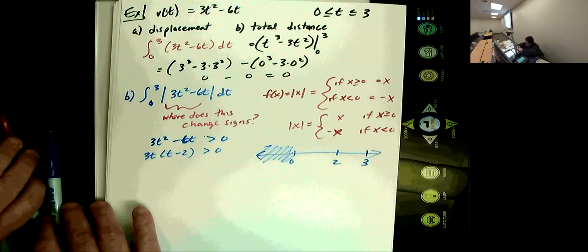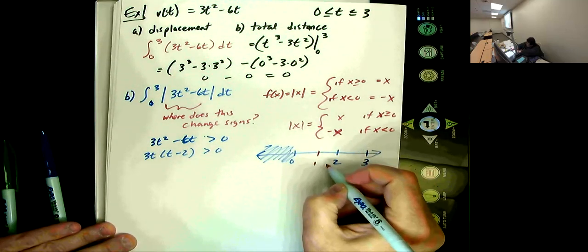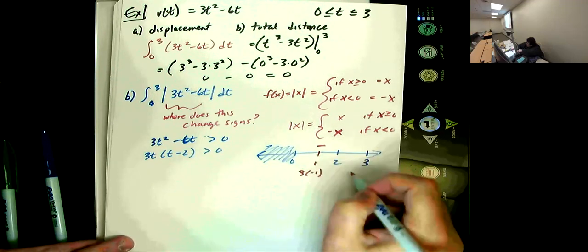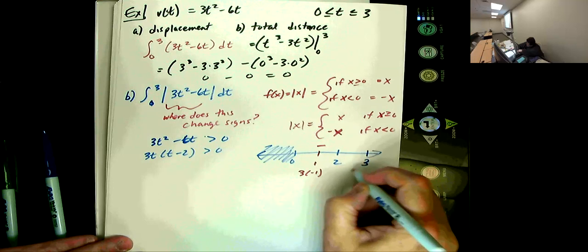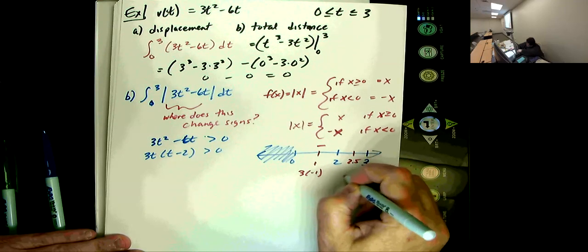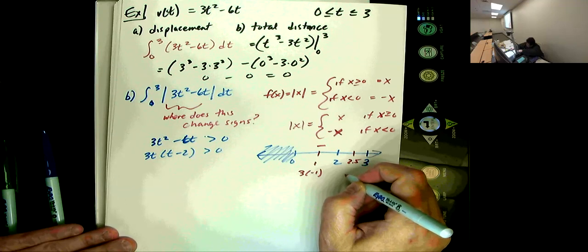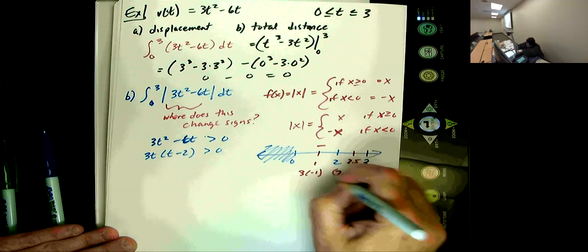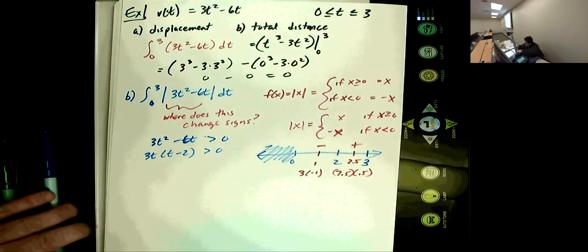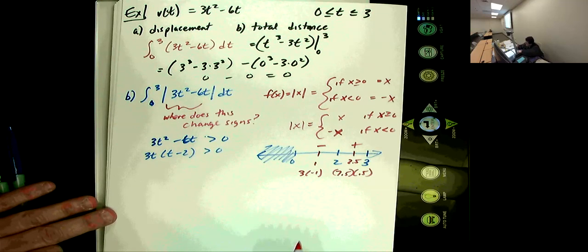Which one is negative? If I stick in a 1, this is 3 times negative 1. This is a negative region. If I stick in 2.5, 2.5 times 3 is 7.5 times 0.5. That's a positive number, 3.75. So between 0 and 2, it's negative.